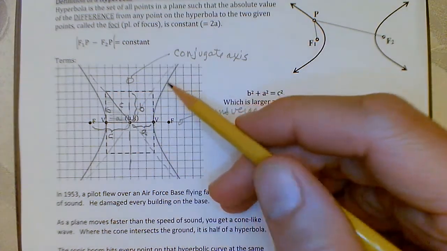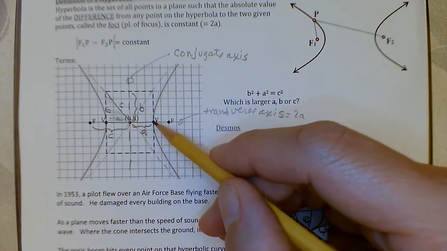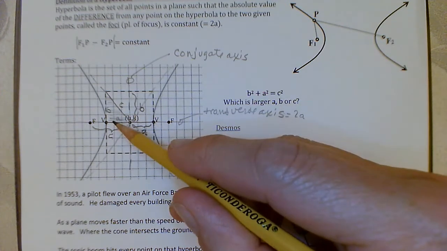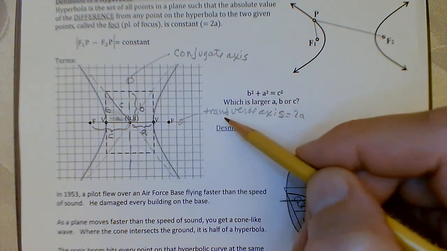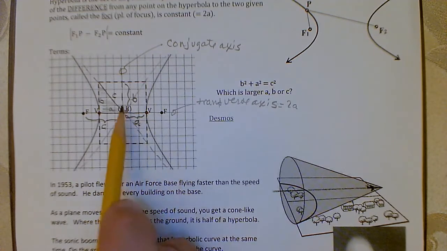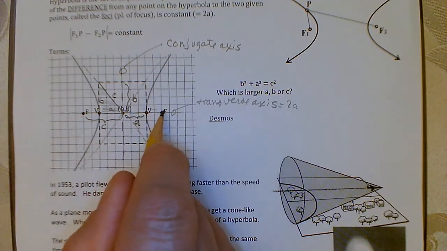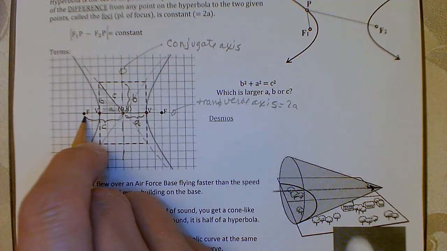And when we graph a hyperbola, we're going to go from the center over left and right A. If the transverse axis is horizontal, and we're going to see cases where the transverse axis could be vertical, but in this case, we go left and right A, and those give us our vertices. Then we go left and right C, that gives us our foci.